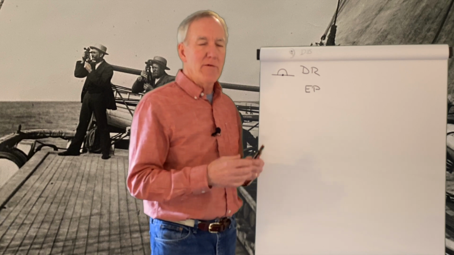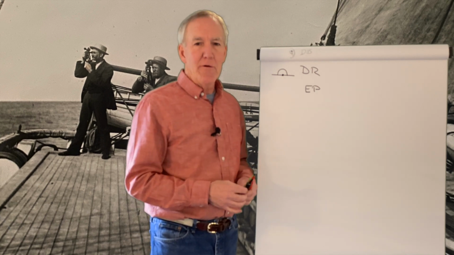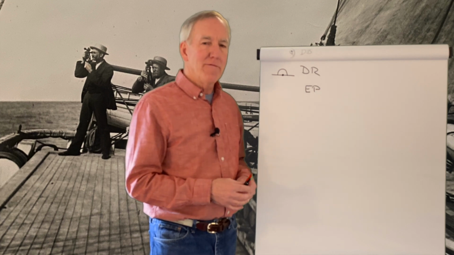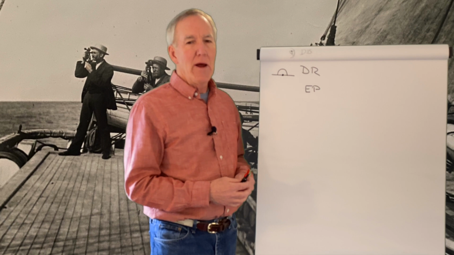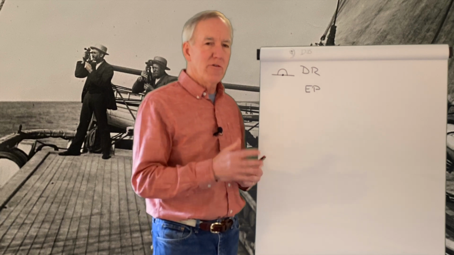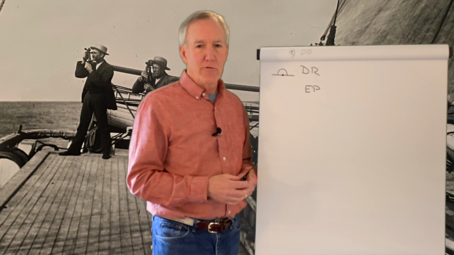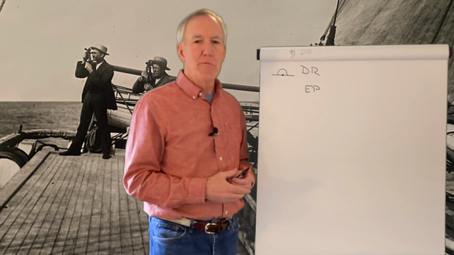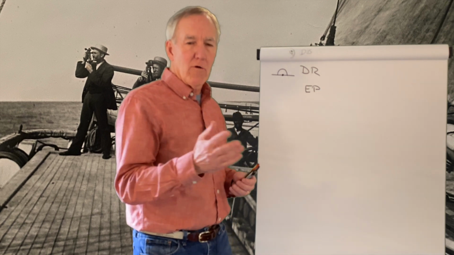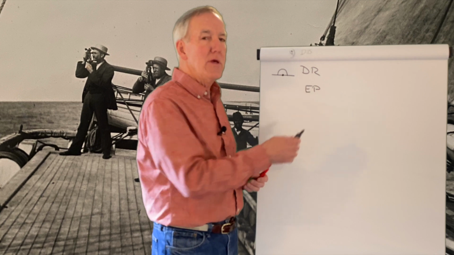For example, you might have a dead reckoning position as you're approaching the coast, and you would take a sounding, and that would be enough to create an estimated position. It might be taking a dead reckoning position and taking a compass bearing to a lighthouse or a feature on shore that's on the chart, and you create a line of position that will run across your chart, and then you use your DR to calculate where your EP would be.